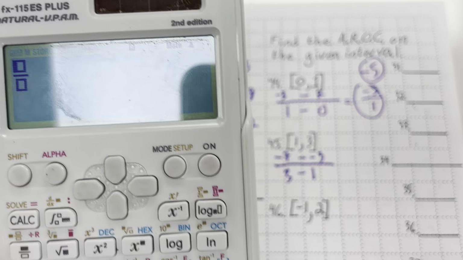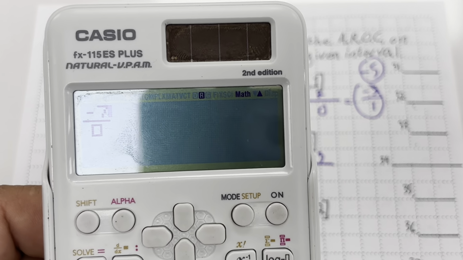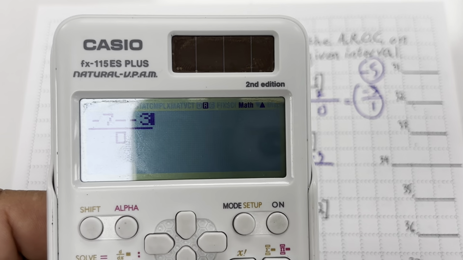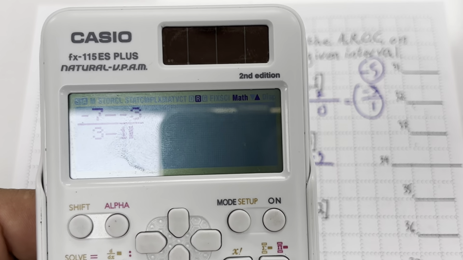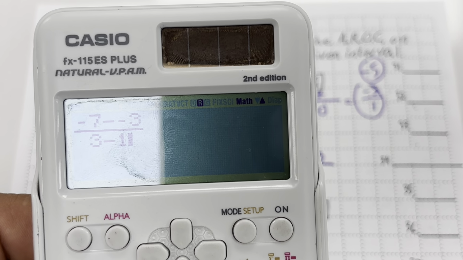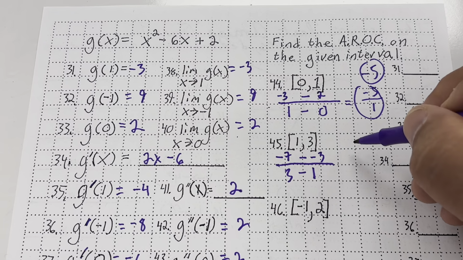And we're going to type in negative 7 minus negative 3 over 3 minus 1. And the answer is negative 2.